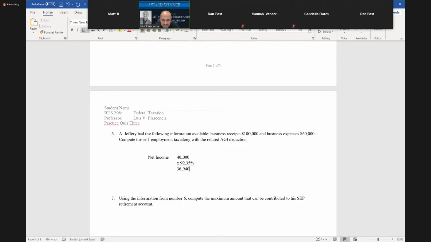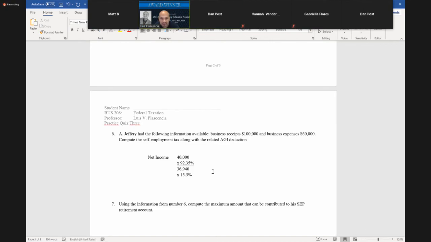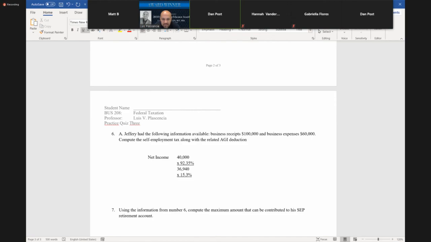So that's the SE base, right? That's just a number we use. Next step is multiply it by 15.3%, right? And that equals your FICA tax. So what does that equal? I had 5,652.